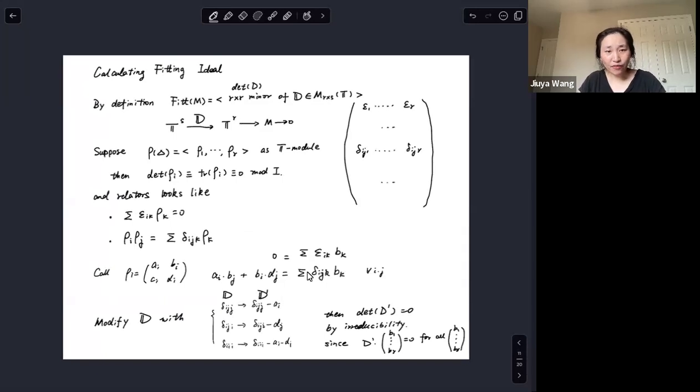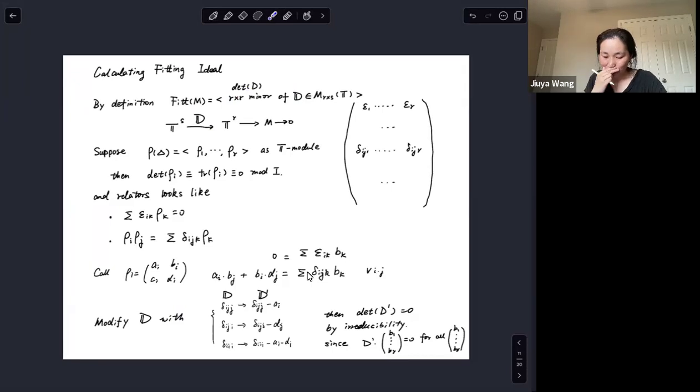By definition, if we have a module M with generators and relators as a T-module, and D is the matrix of the relators, then the Fitting ideal will just be the ideal generated by all the determinants of r by r submatrices.